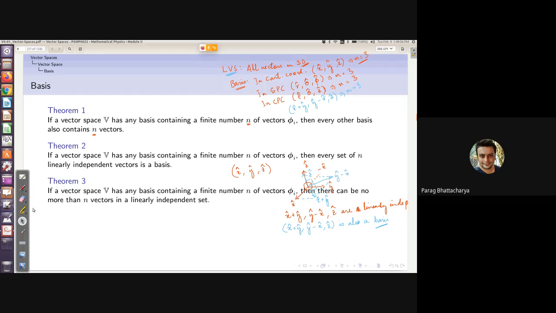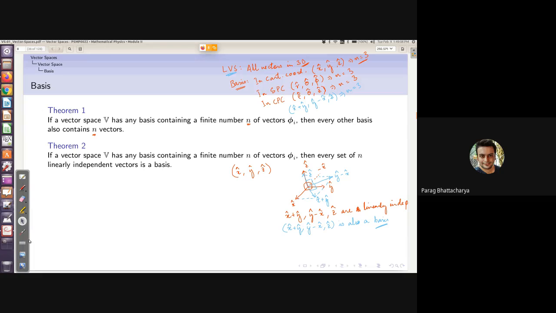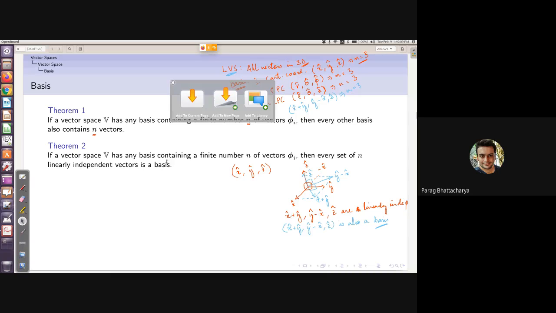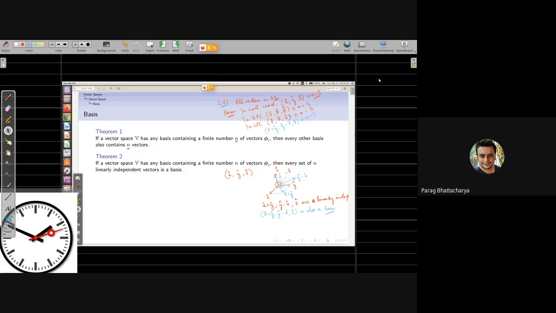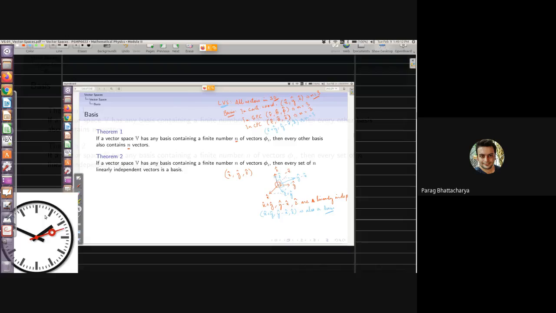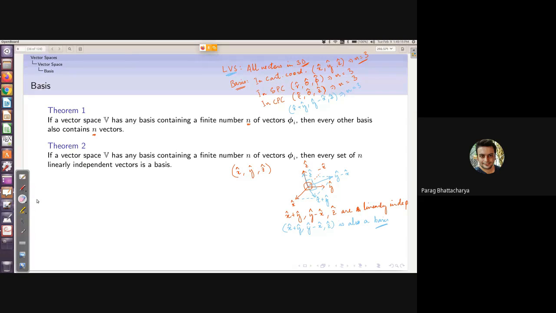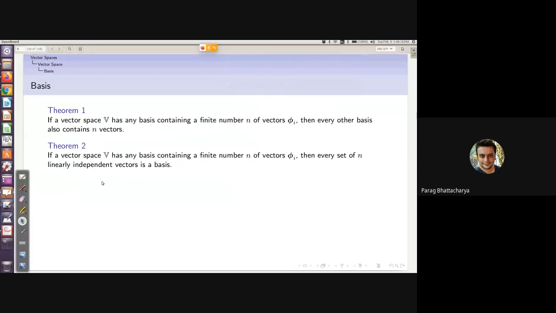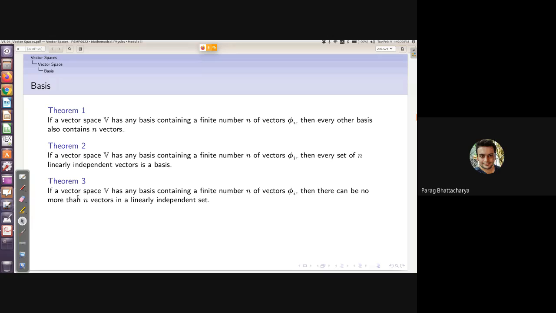The third theorem says that if I have a vector space whose basis contains a finite number n of vectors, there can be no more than n vectors in any linearly independent set.